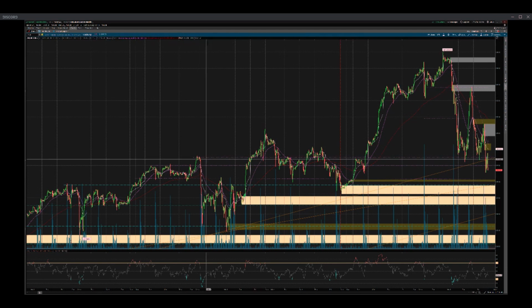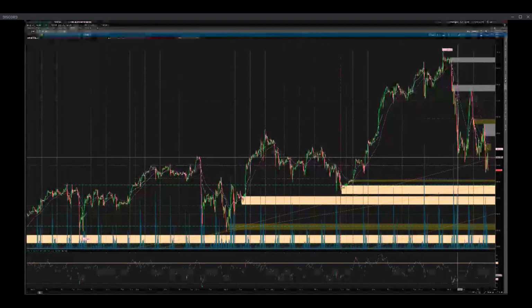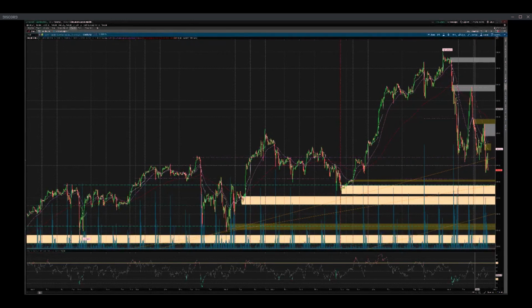So boom, boom, boom, around here, consolidation, reaction, rejection, rejection, liquidity through it, come back into this area, boom, reject or support, support, support. Now we've rejected off of it.